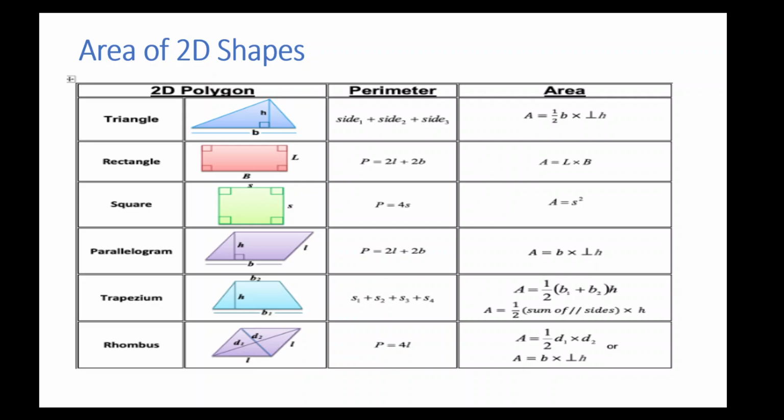Rhombus. If the rhombus has side length L and the lengths of the diagonals are d1 and d2, then perimeter is equal to 4 times the side length, and area will be half of the product of diagonal 1 into diagonal 2, or b into h, the perpendicular height. Thank you.